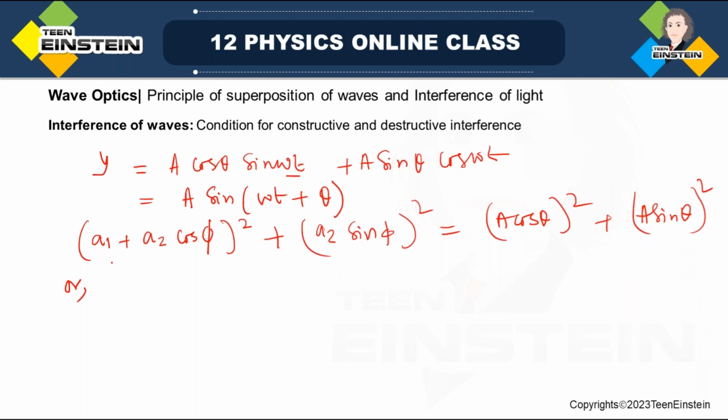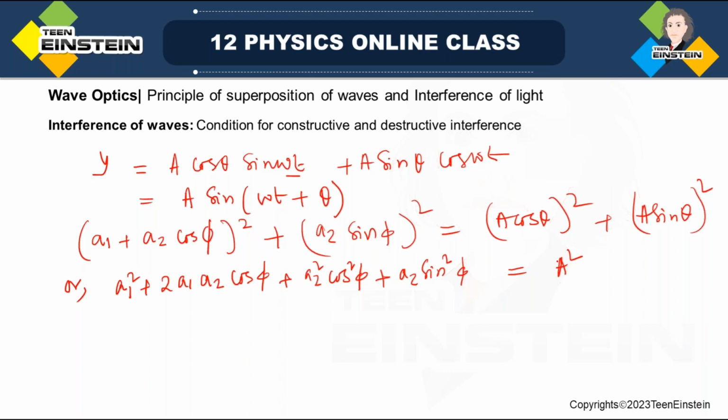So this will give you a1 square plus 2 a1 a2 cos phi plus a2 square cos square phi, and here it is a2 square sine square phi. Now this side it will be a square.